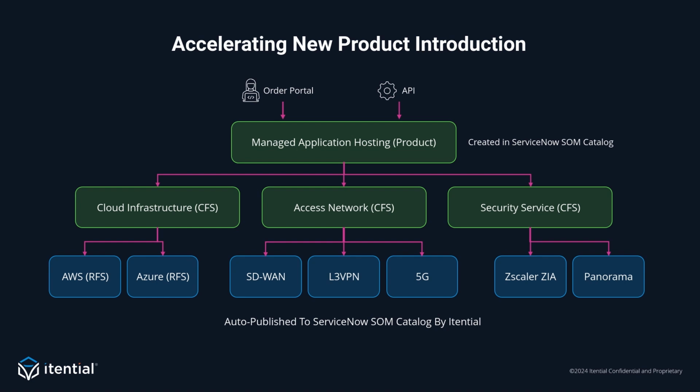And the product is then decomposed into customer-facing services. So cloud infrastructure service, access network service, security service. There are times when a customer just wants to purchase a capability, not necessarily focused on a specific vendor or a specific product, but be able to say, yes, I need a security service. They may not care that it's being delivered on Palo Alto or some other platform, just a security service.